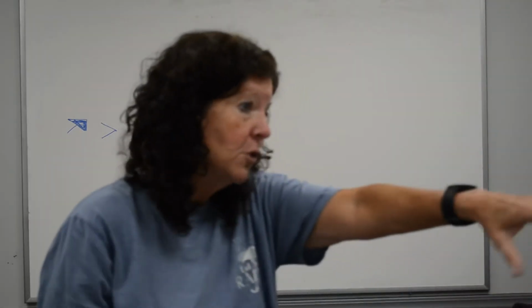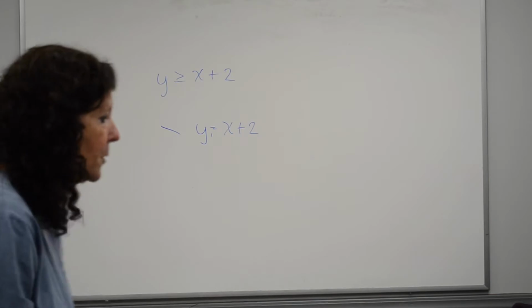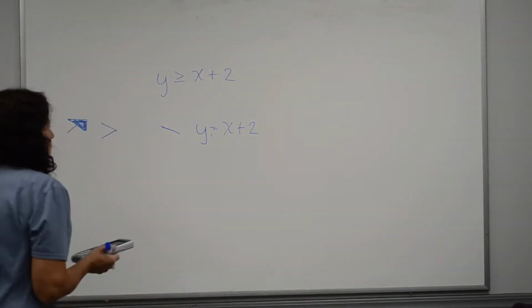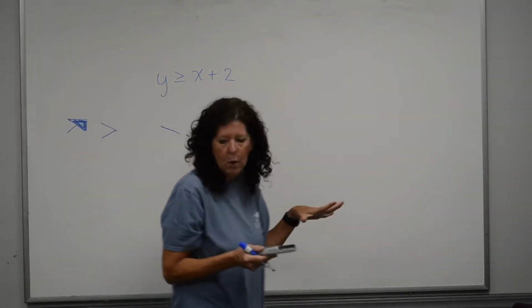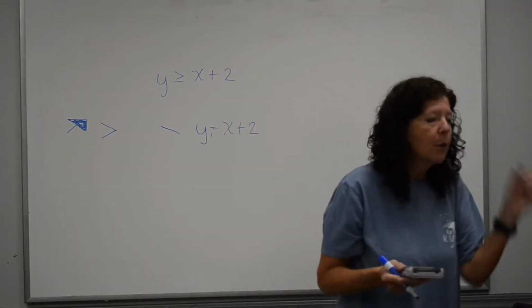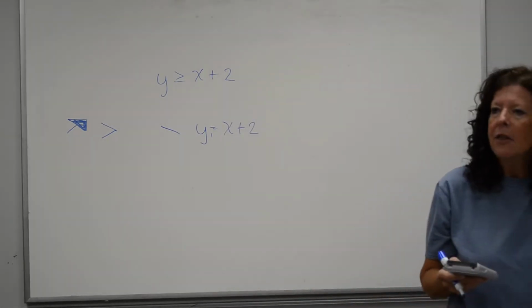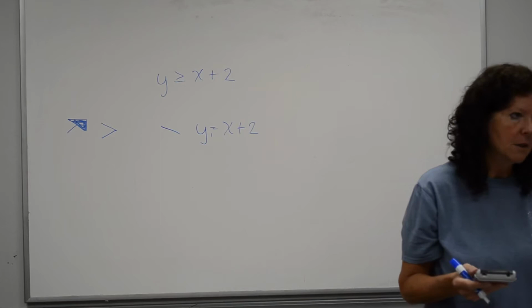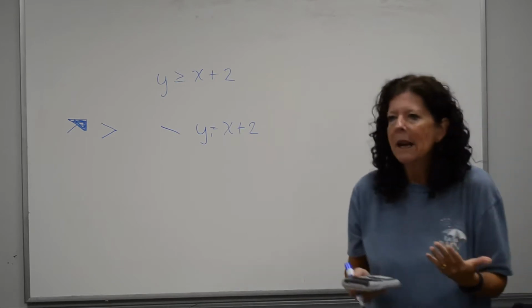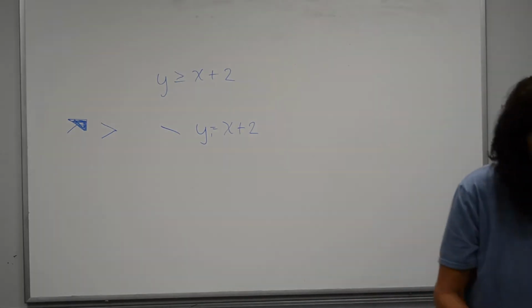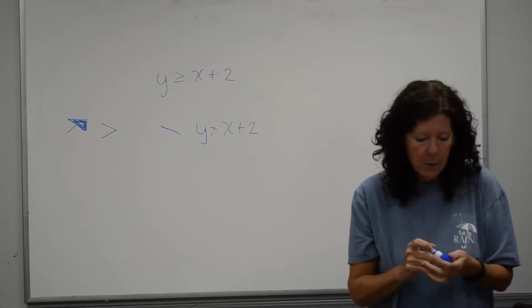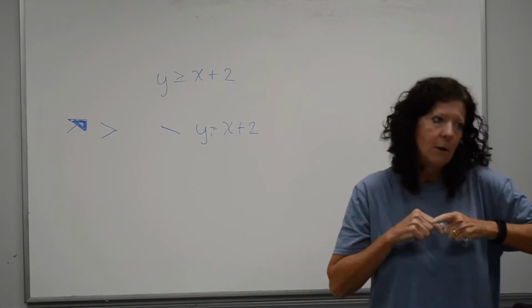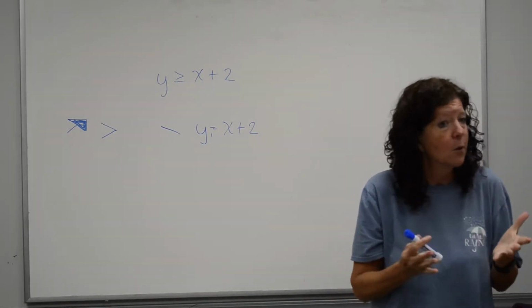Now you can shade yours in different colors, like if you put a couple things, because what we're going to do today is put more than one inequality on our graph. And we're going to find the corners of their bounded region. What we're about to do is go into something called linear programming. We're not going to get hot and heavy into it, but you're going to get a taste for it.